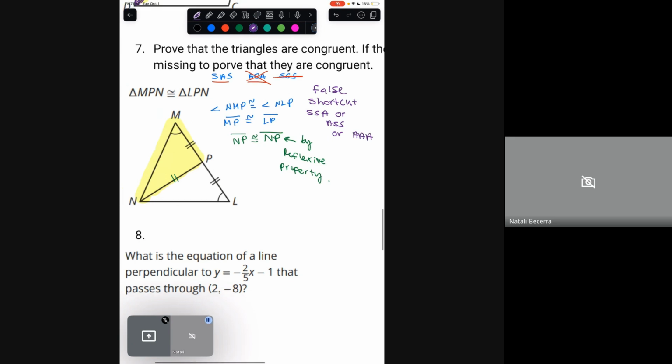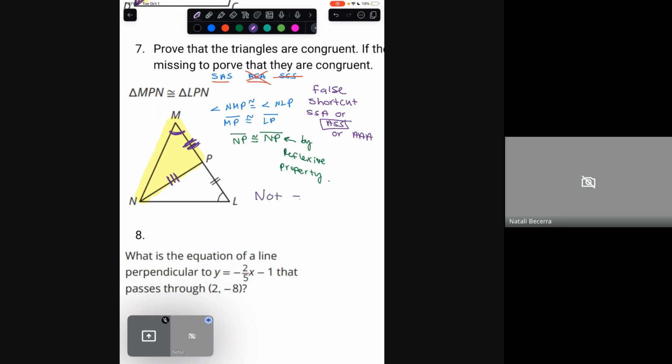So this one, remember the order matters. So yes, it's true that NP is congruent to NP. So I have angle, side, side. And I forgot to put another one. I have angle, side, side. And that is one of the false shortcuts. So, my bad.